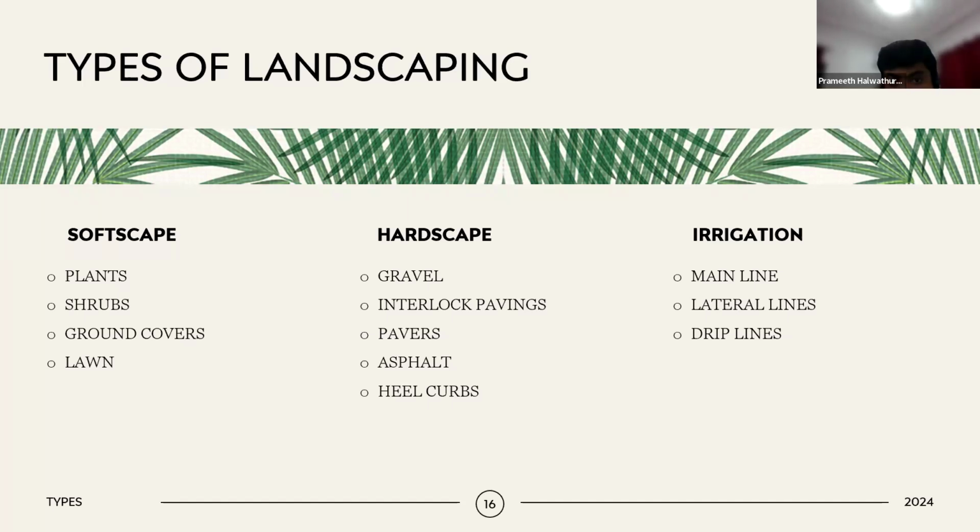Drip tubes are for where we have plants, shrubs, ground covers, lawn. For the trees, we want the water. If I am a tree, I want water. If I am a plant, I want water. Without that, I cannot survive.